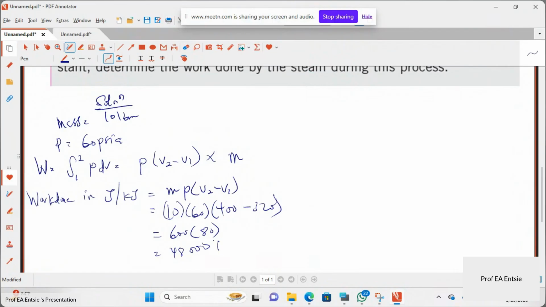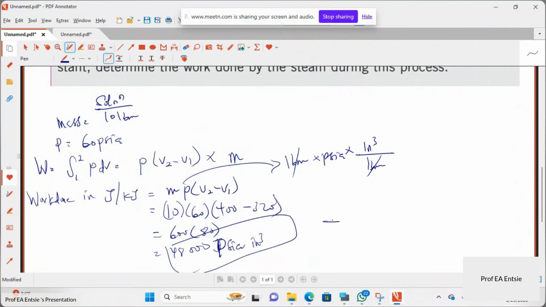Because I said m is in pound mass, this is in psi, and this is in, let's assume, inch cubed per pound mass, the pound mass cancels pound mass. Then this unit, let me leave it in psi. But in terms of SI units, the unit would have been joules.